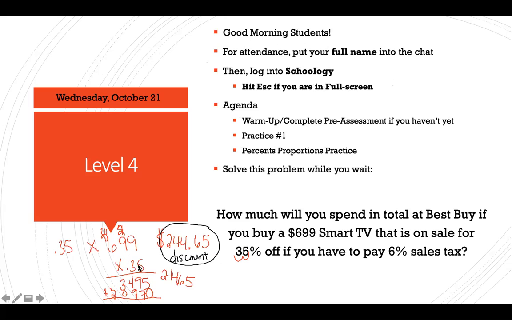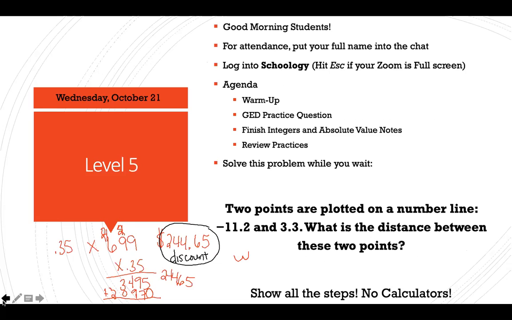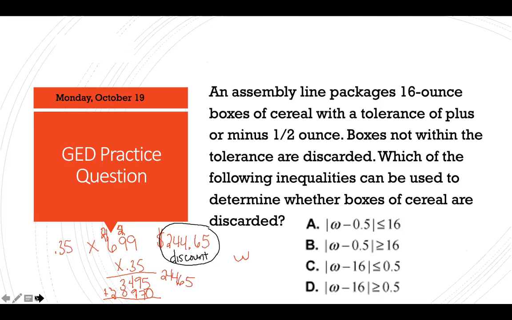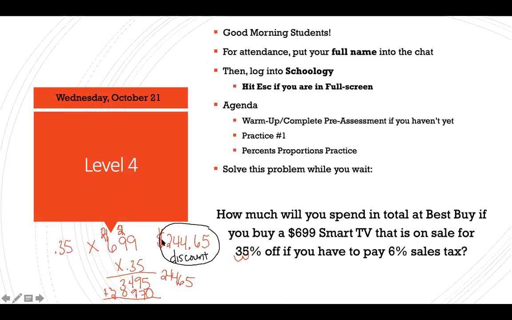I figured out what my discount is by multiplying it by the 35% off. That discount now has to be applied, so I have to subtract it. I have to take that $699 and subtract from it the discount, and that's going to give me my sale price on my television.